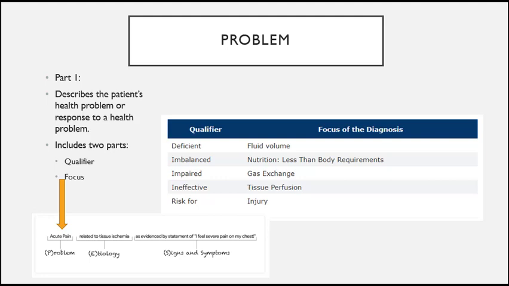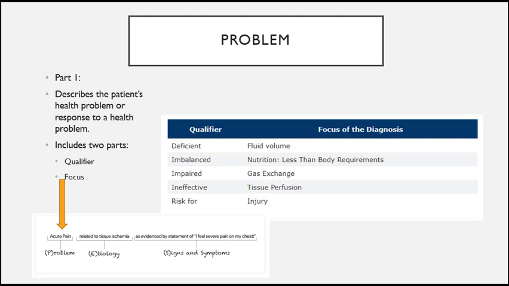So for instance, we have acute pain in the example, but in some cases, the focus of the diagnosis, for instance, is fluid volume or gas exchange, but we have a qualifier. So let's say someone has pneumonia, and because of that, they're on oxygen, they're having difficulty breathing. The focus of our diagnosis is on their gas exchange, their ability to get oxygen in and carbon dioxide out.